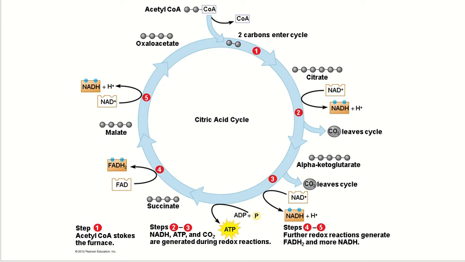Same with step 2, alpha-ketoglutarate will be oxidized. Again, it will lose electrons, and those electrons will be donated to NAD+. Hence, NAD+ will be reduced to NADH. Similarly, another carbon molecule will separate from alpha-ketoglutarate and leave as carbon dioxide, leaving a 4-carbon compound.